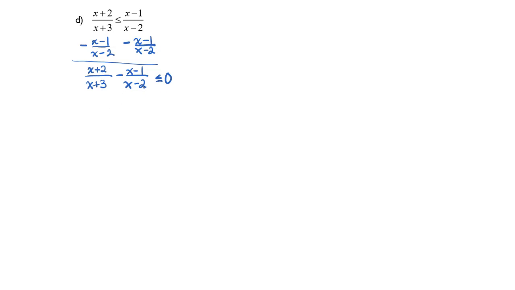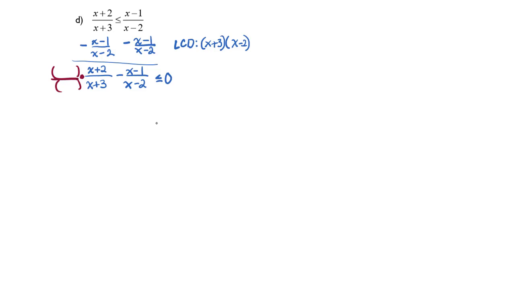At this point, I need to get a common denominator. My least common denominator, or LCD, is going to be x plus 3 from the first denominator times x minus 2 from the second denominator. The way I get a common denominator is by building up the denominator using a funny looking 1.